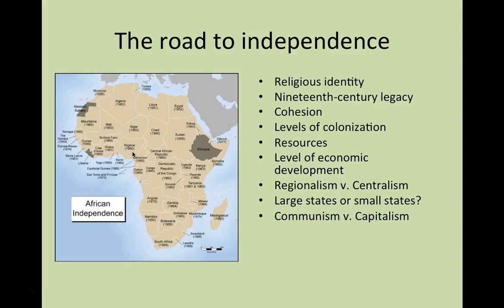This being the Cold War period, there's also a big debate over which form of economy and economic organization the independent nation should pursue. And both the United States and the Soviet Union were desperate to win allies, and their allies by extension. Britain was an American ally, of course, at this point, as was France.